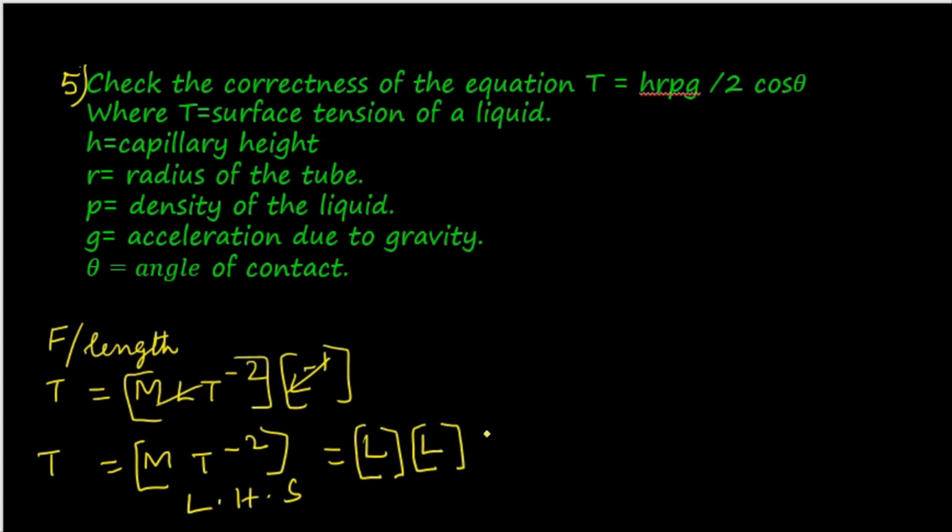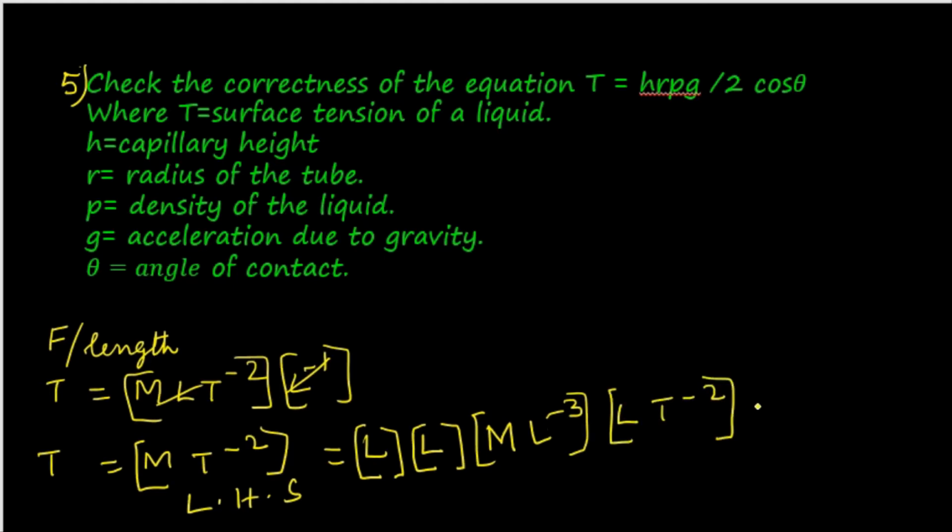Density is mass by volume. So M. Volume is in the denominator. The dimension of volume is L raised to 3. Since it is in the denominator, it becomes L raised to minus 3. Acceleration due to gravity is nothing but acceleration. So, L T raised to minus 2.